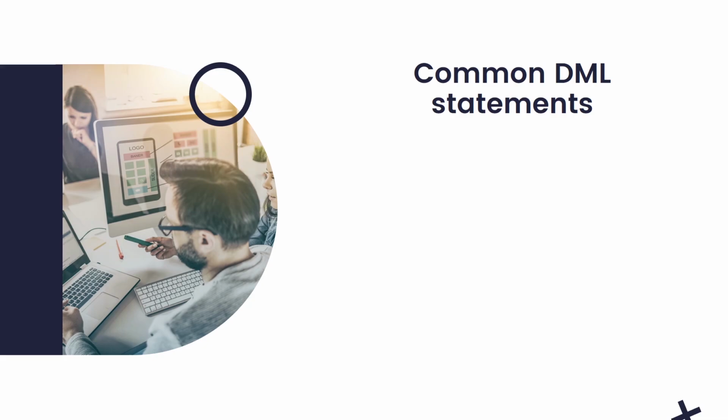So what are some of the common DML statements that we tend to use when it comes to SQL databases? Well, we actually just covered them. The first is the select statement, otherwise known as a DQL statement as well. This is essentially the abbreviation for data query language, but I decided to slot it under DML statements because they are closely related.